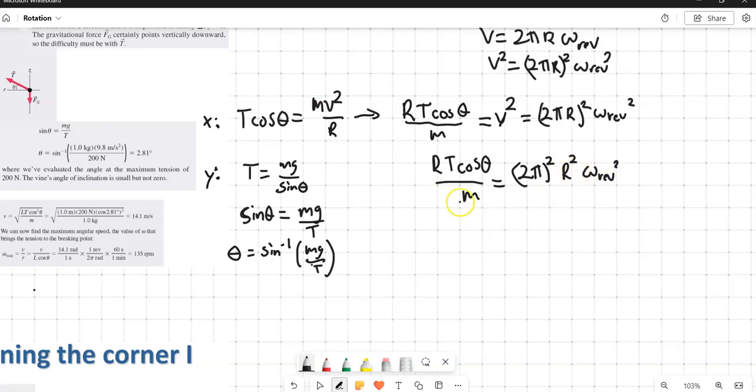Okay, it's a lot. That r is going to cancel out with that. Let's bring this 2 pi squared to the bottom here.